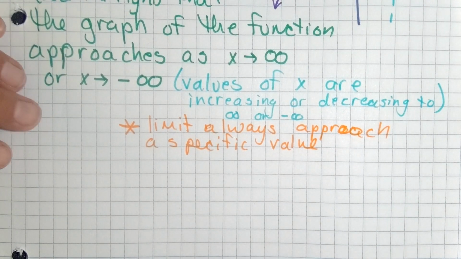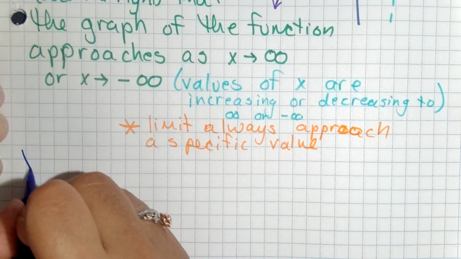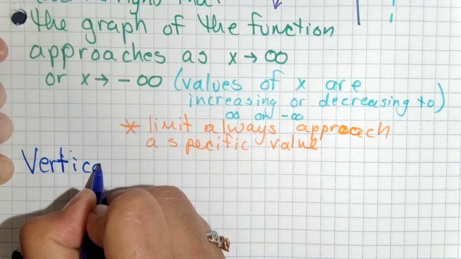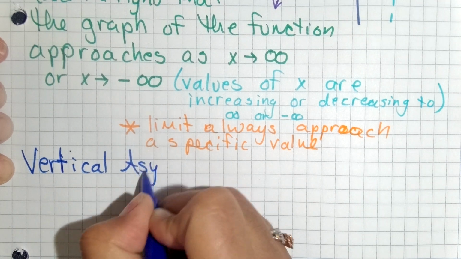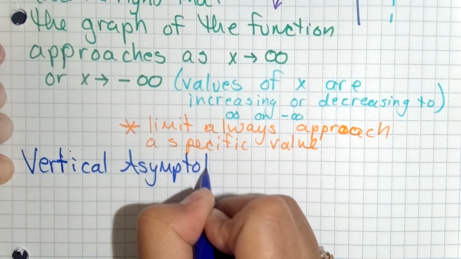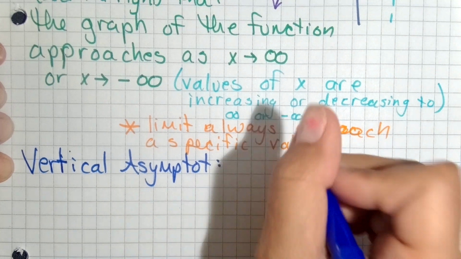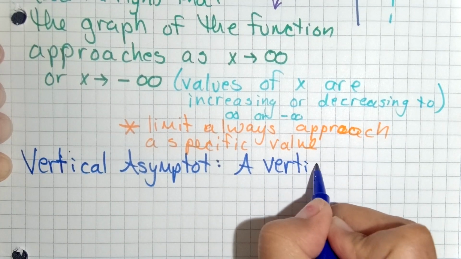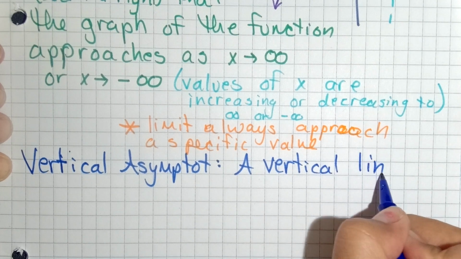All right, we're almost done with notes and then we'll get to the example. Vertical asymptote. A vertical line.